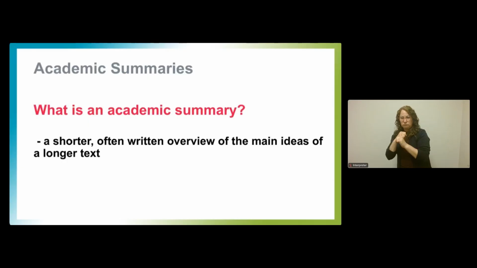We saw in our definition earlier that a summary is a short restating of only the main idea and relevant details. So by definition, a summary must be shorter, and often quite a lot shorter than the original text.